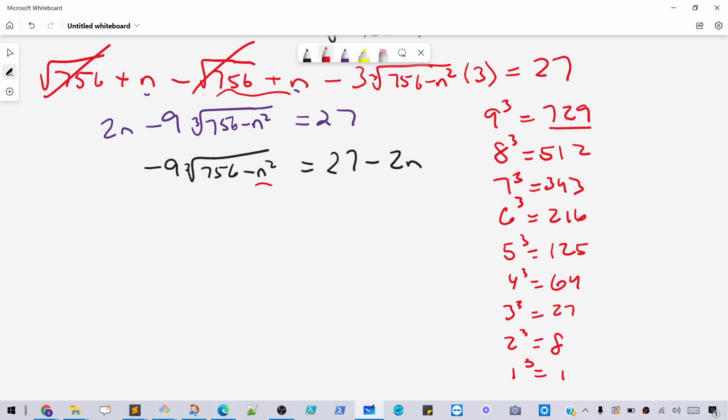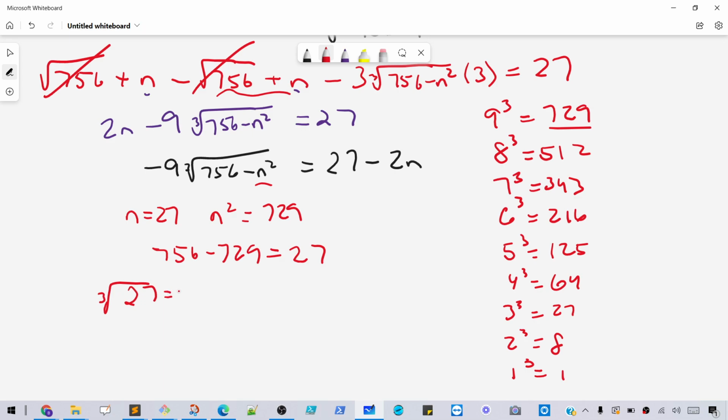What jumps out is if I make n equal to 27, n squared is 729. 756 minus 729 is 27, which is good because 27 is a perfect cube, and its cube root is 3. Let's plug that in.